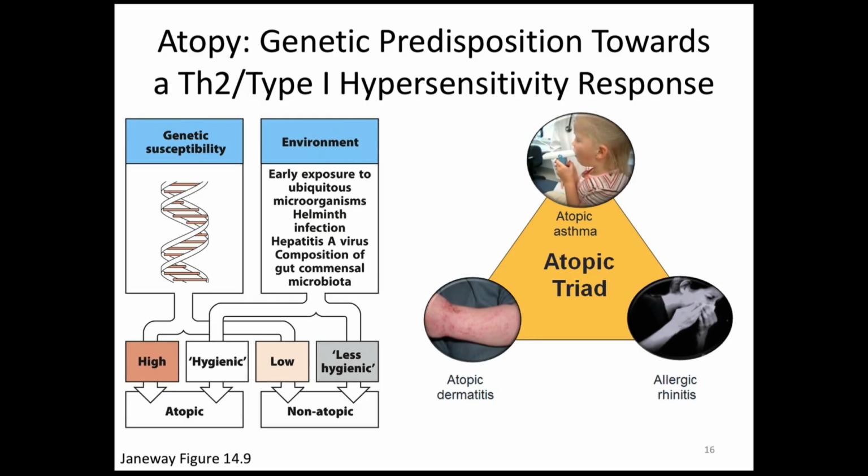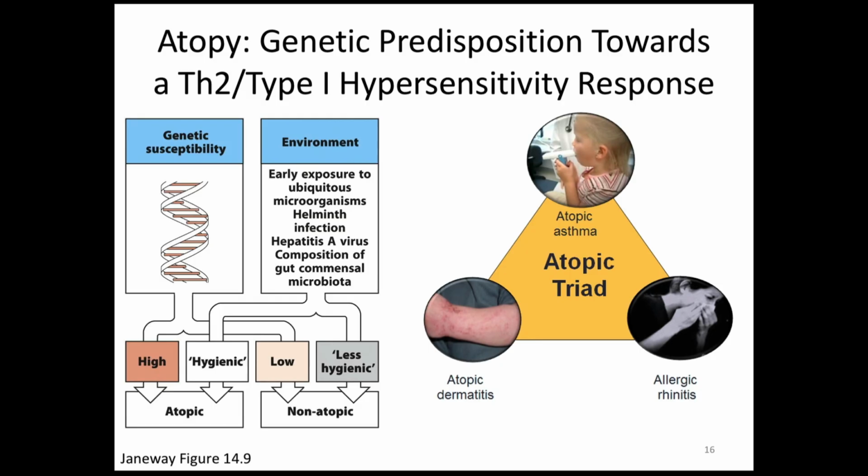When your body is making an immune response, for whatever reason, you are more prone to make Th2 than anything else. That might be because of some change in a cytokine receptor, so you make Th2 cytokines easier, or it could be all sorts of things. We don't exactly understand. This definitely has some genetic component.